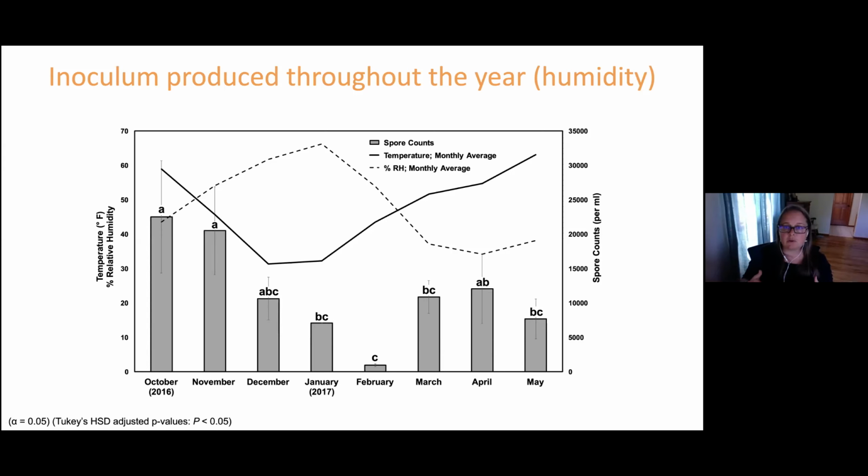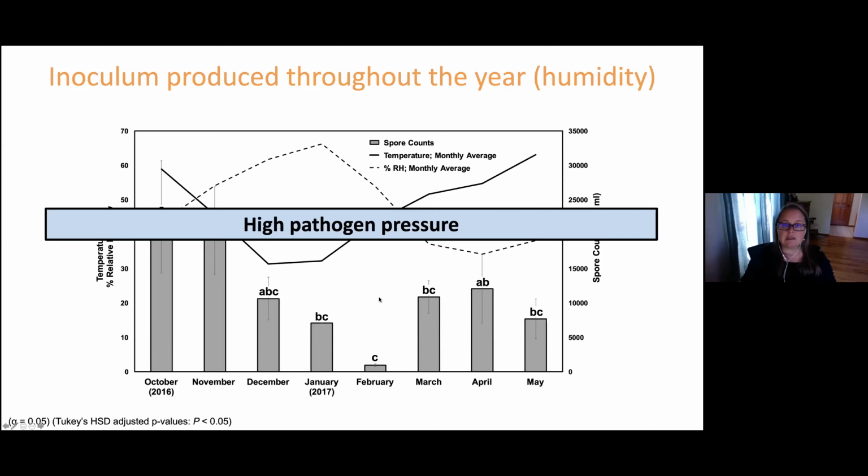Because they're not photosynthesizing, they can't protect themselves, yet Cytospora can continue to grow. Then when the trees leaf out again, they have to respond to the canker that is starting to form with the growth of the pathogen. What that really means is that there's really high pathogen pressure, because we can have spores produced in the winter when trees can't respond as quickly, and then they have to respond when they start to wake up from winter.